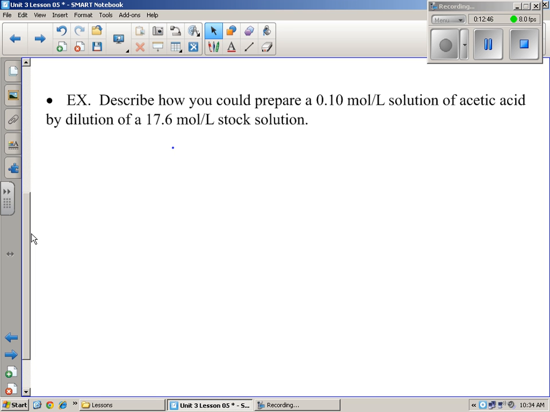Let's take a look at this one here. Notice the first word, describe. Four steps probably I'm going to need for this one again. Describe how to prepare a 0.10 molar solution of acetic acid by diluting 17.6 molar solution.